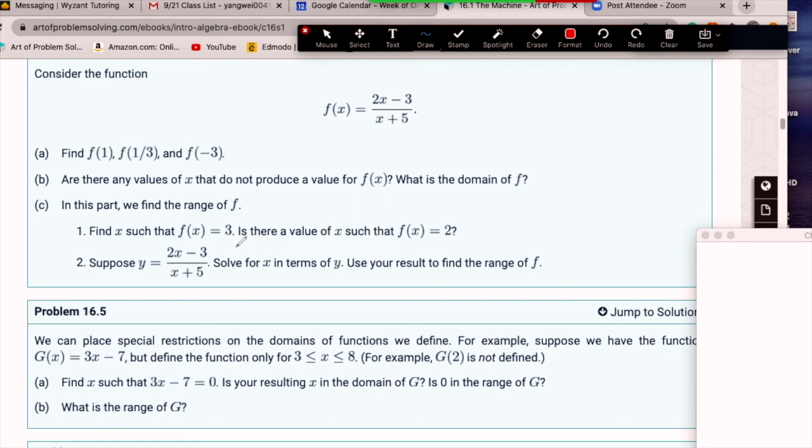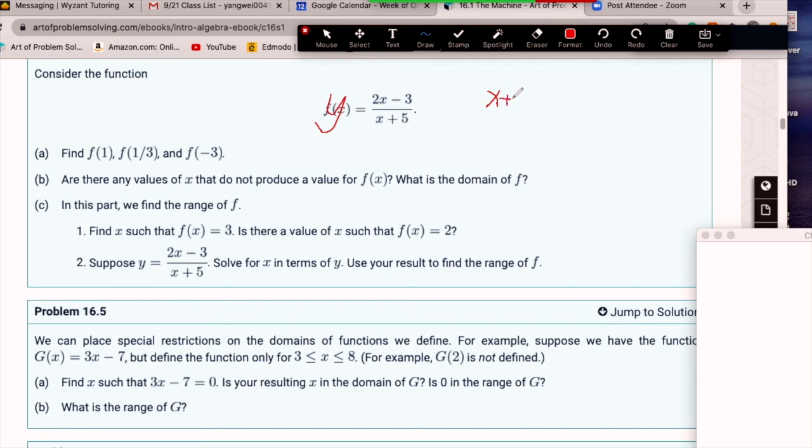Now, to find this secret, we need to find the inverse function of this one. That means we need to solve x in terms of y. To do that, let's change f(x) to y. Then you solve for x. To do this, both sides times x plus 5.